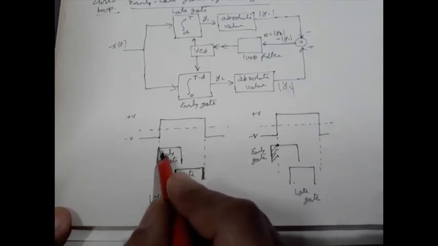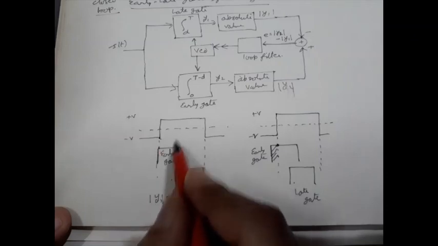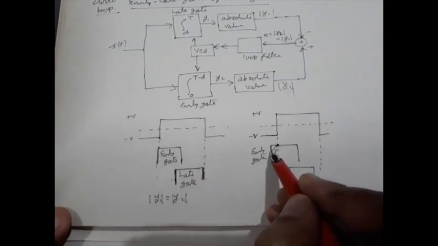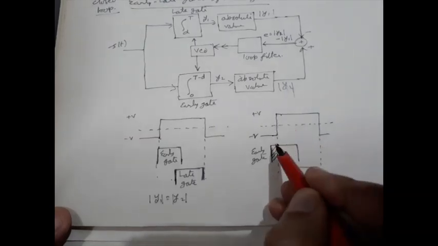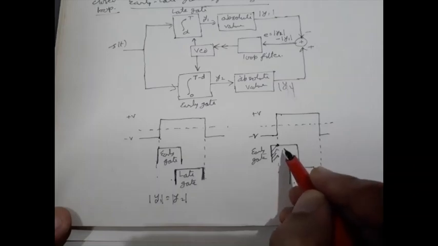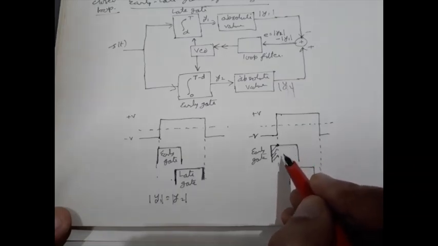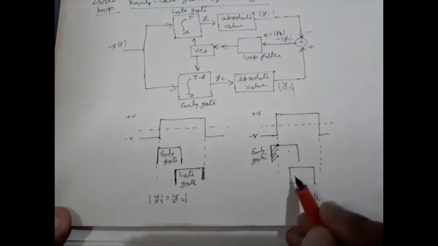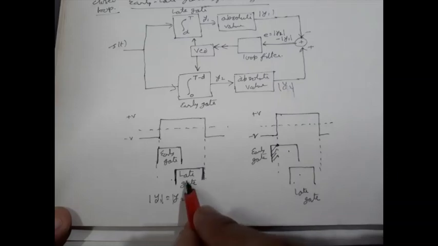Here it accumulates throughout this entire period of integration, but here, since this one is negative and this one is positive, some portion will be lost, it will be compensated. So actually it will gather comparatively smaller amount of signal, whereas the late gate will accumulate the equal amount of energy as before.